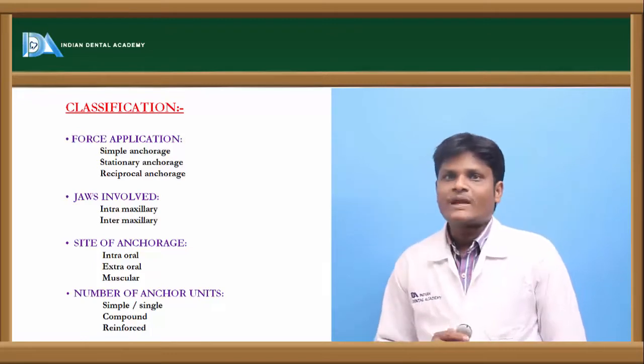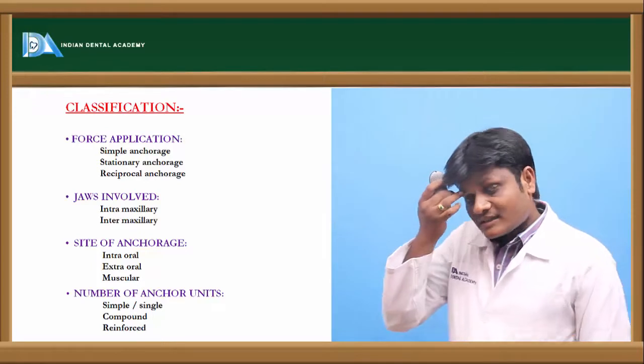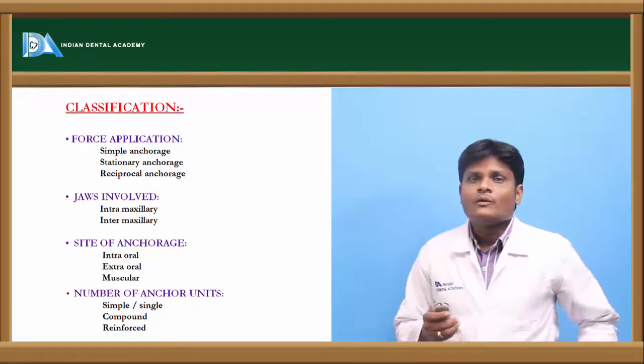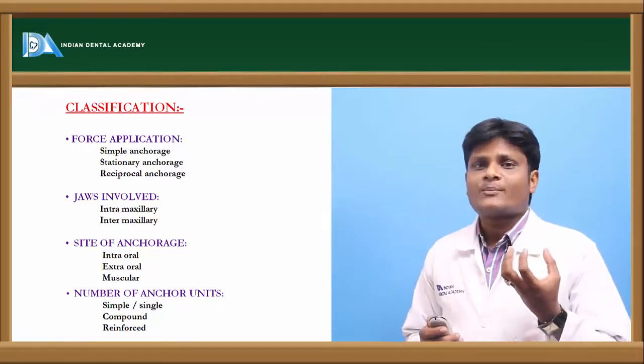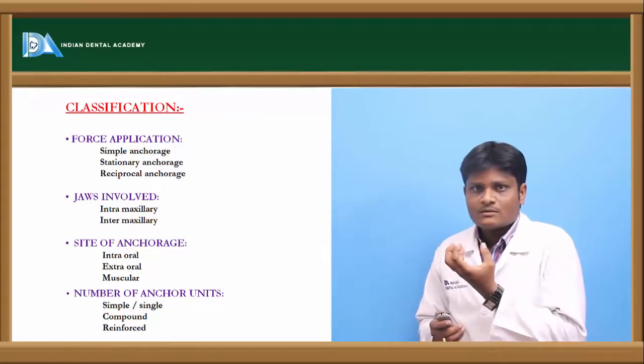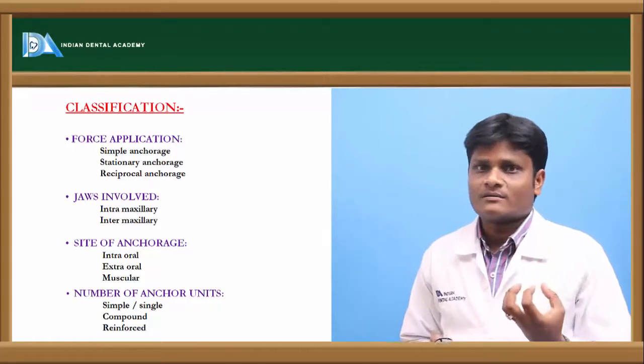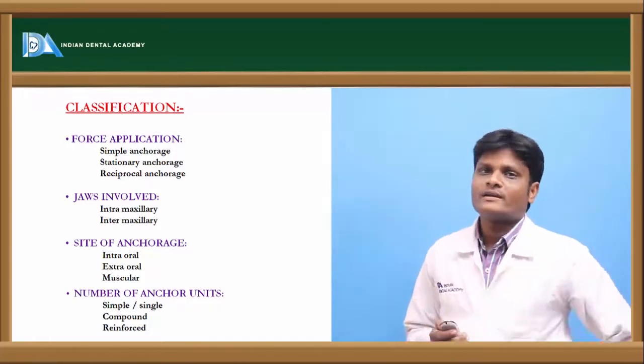First, what is simple anchorage? A simple anchorage is where we are taking support from a group of teeth in order to effect single tooth movement or tipping movement of a tooth.